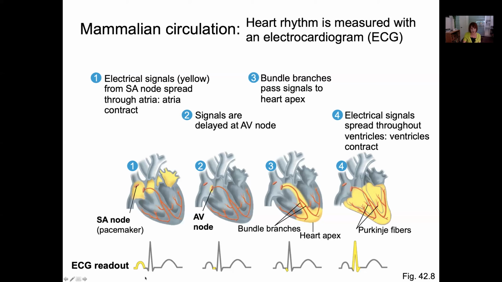And then looking at the actual readout down below, again, there are three peaks here. And so the first peak reflects the moderate electrical activity that's associated with atrial contraction. And then there's this brief phase where there's a drop in electrical activity.